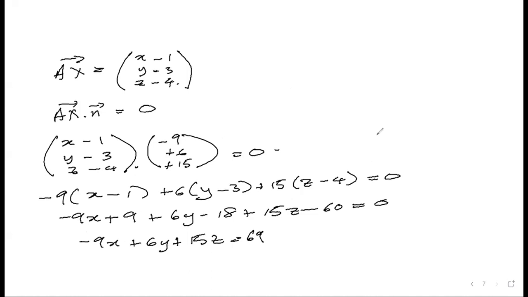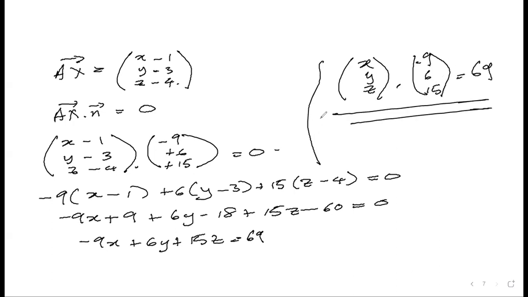This dot product, negative 9, 6, 15 equals. Sir, go back one page. Could we simplify by dividing both sides by 3? Yeah, we could.